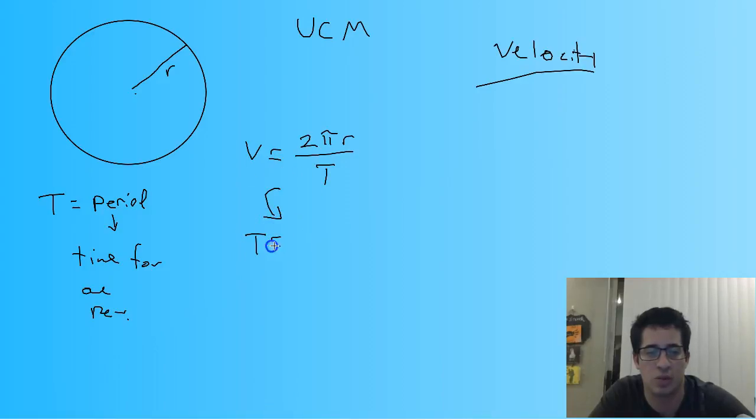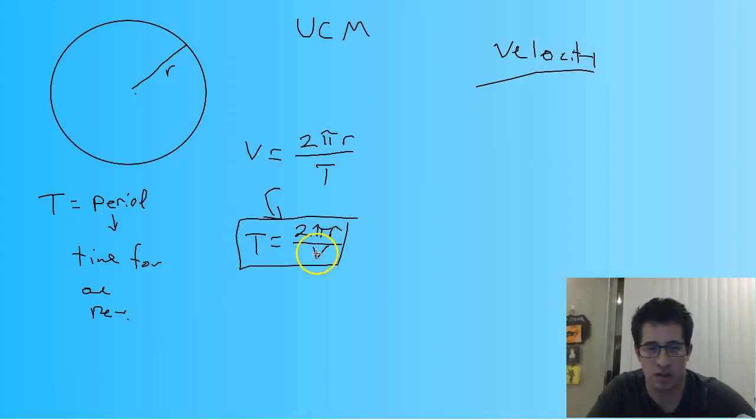So T is equal to 2 pi r over v, and this is the version we'll see most often. This shows the relationship between the radius, the velocity of a particle, and the period, or the time for one revolution. This is the period formula for an object in uniform circular motion.